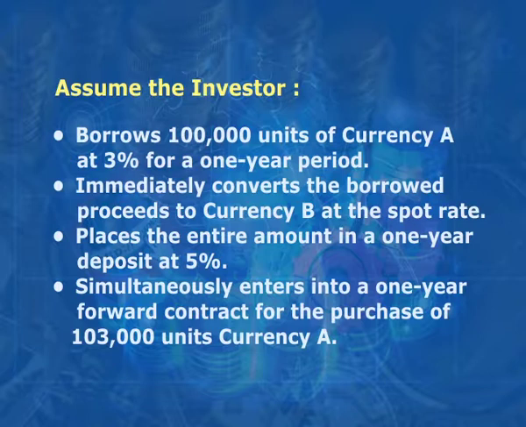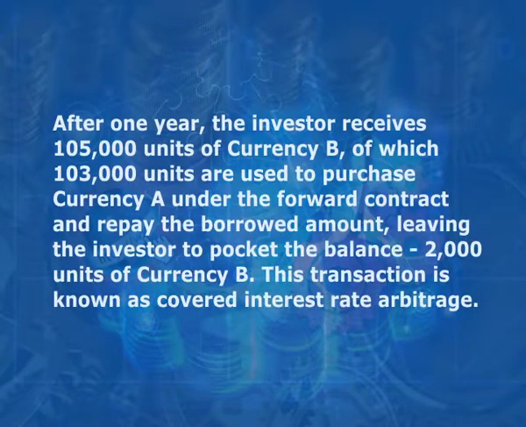Simultaneously enters into a 1-year forward contract for the purchase of 1,03,000 units currency A. After 1 year, the investor receives 1,05,000 units of currency B, of which 1,03,000 units are used to purchase currency A under the forward contract and repay the borrowed amount, leaving the investor to pocket the balance of 2,000 units of currency B. This transaction is known as covered interest rate arbitrage.